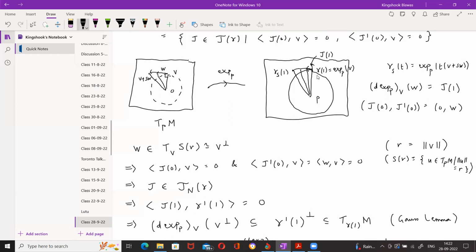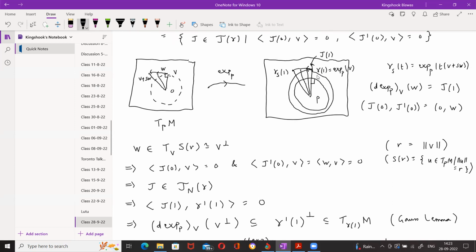In simplest form, that's what the Gauss lemma is saying. If you look at the geodesic spheres centered around P, and the geodesics starting from P, then these are orthogonal. I think that's the best way to say it. Does that make sense? Yes, sir. Okay. So geodesic spheres centered at P are orthogonal to geodesics starting from P.